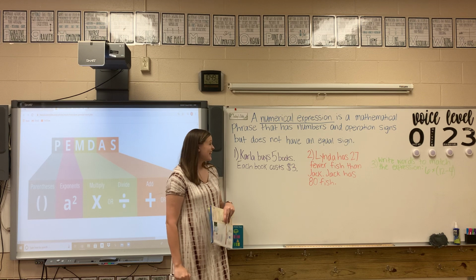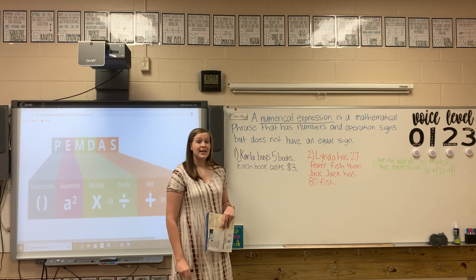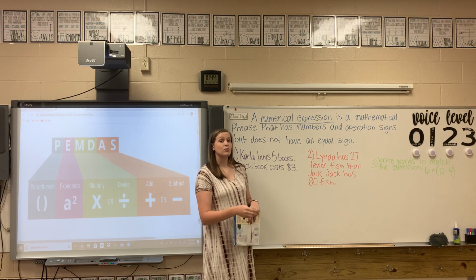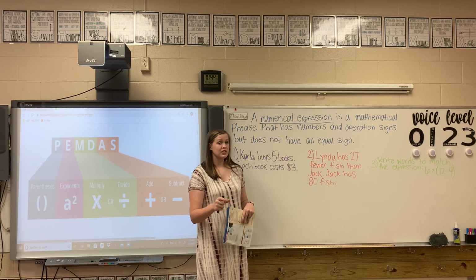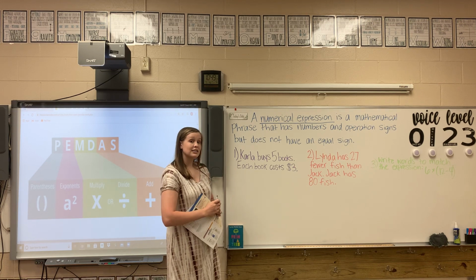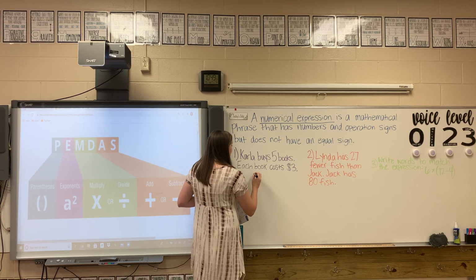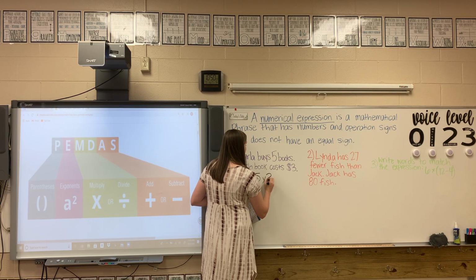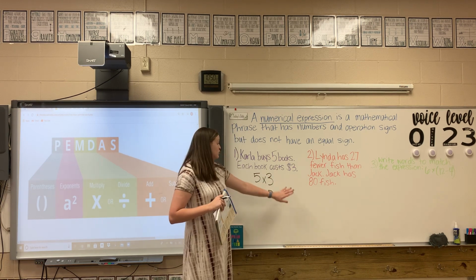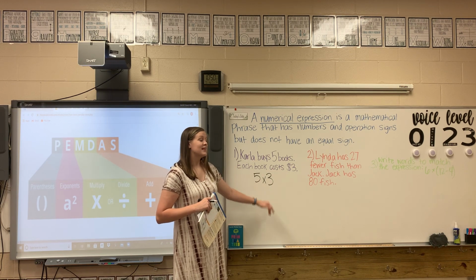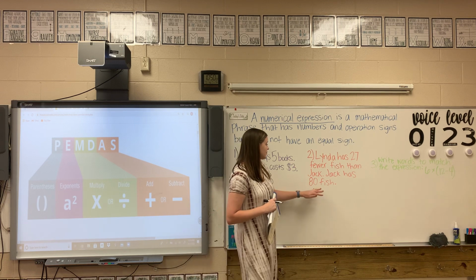Well, that's multiplication, right? Because we have 5 of something that costs $3 each. So we're spending $3 5 times. So my numerical expression is going to be 5 times 3. And I do not write an equal sign. I just write 5 times 3. Let's move on to our next one.